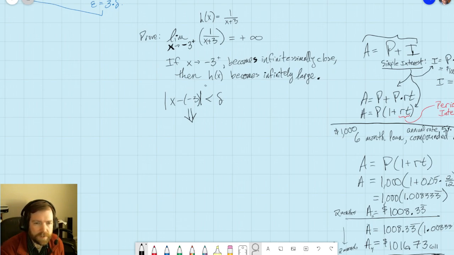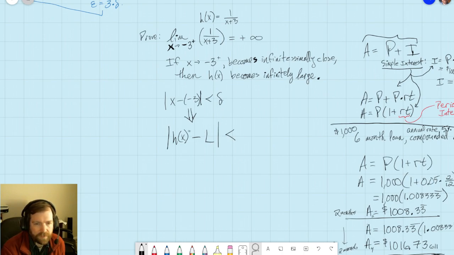So then this inequality, x minus -3 less than delta, is going to have to imply, again, what we're trying to prove, that the absolute value of the function h of x minus our limit value L must be less than. Now in this case, L, we literally can't have it be listed here as infinity. It just doesn't work like that.